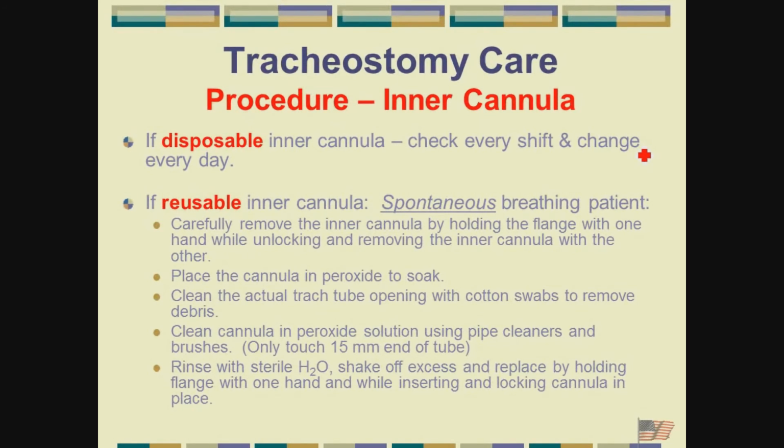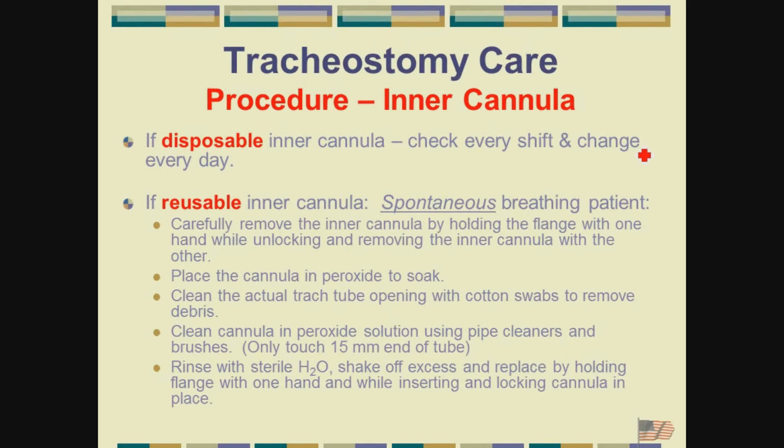Okay, so then we're going to go ahead and, if there's anything on the tube itself, clean that off. We're going to clean that inner cannula that I just took out in the peroxide solution using brushes and pipe cleaners and all kinds of other stuff.